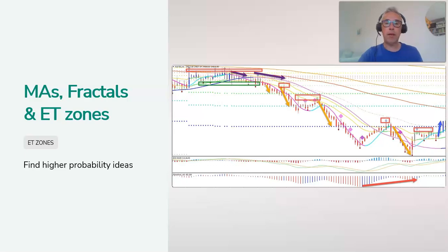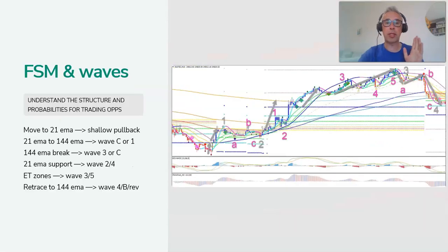But I think with the moving averages, fractals, and understanding that when price is moving away from the 144 EMA, there's a higher chance that it will move away a little bit further for a while until it's overextended, I think helps understand the charts in a deeper way and faster as well at the same time.